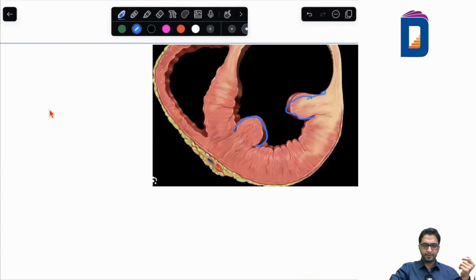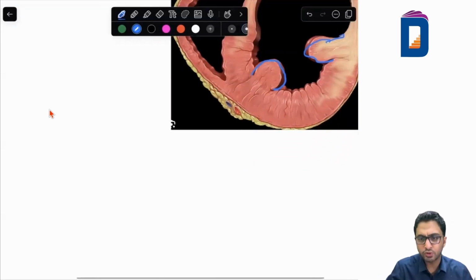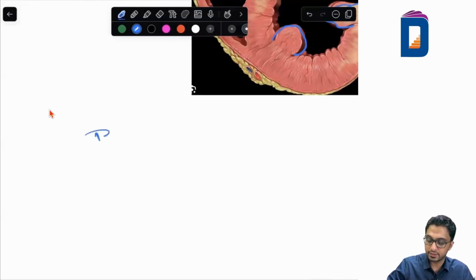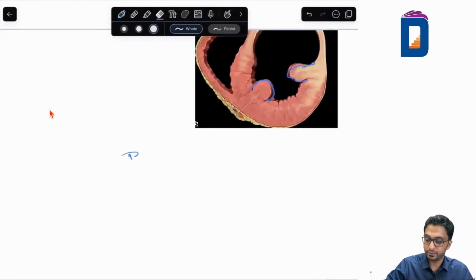Should I go into details of this? I'll give you some terms, something to remember. Some extra points about aneurysms.